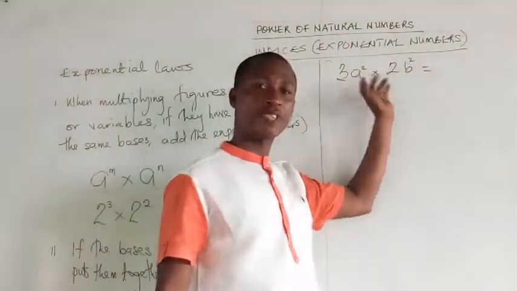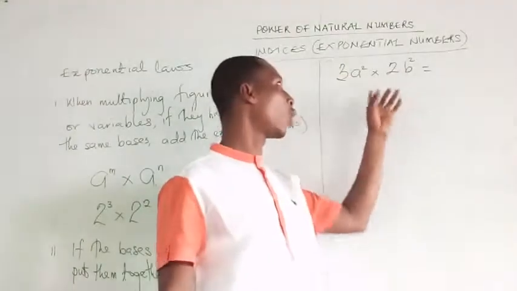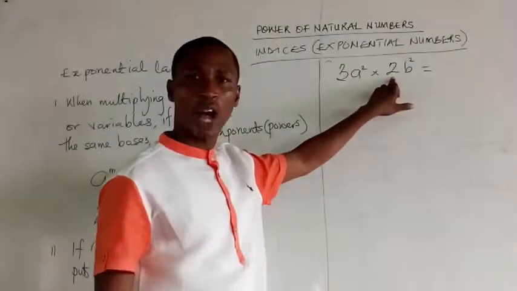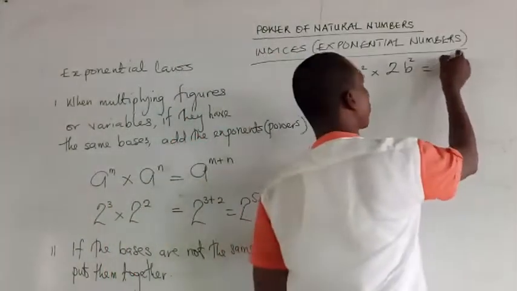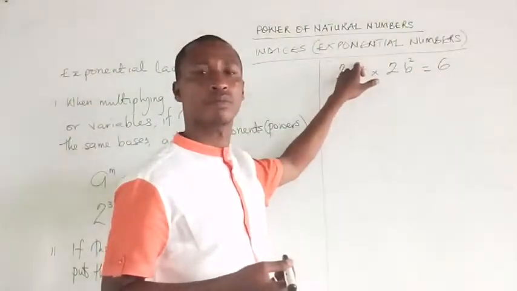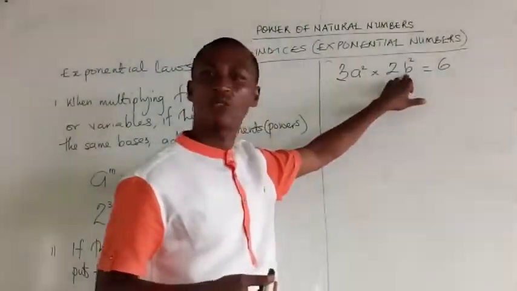This session will be explained very well when we come to the aspect of algebra. This one will be handled, but you need to understand it from here. 3 and 2 are numbers, so you first multiply 3 and 2, which will give you 6. Then a is to the power 2, b is to the power 2, but a and b are not the same.